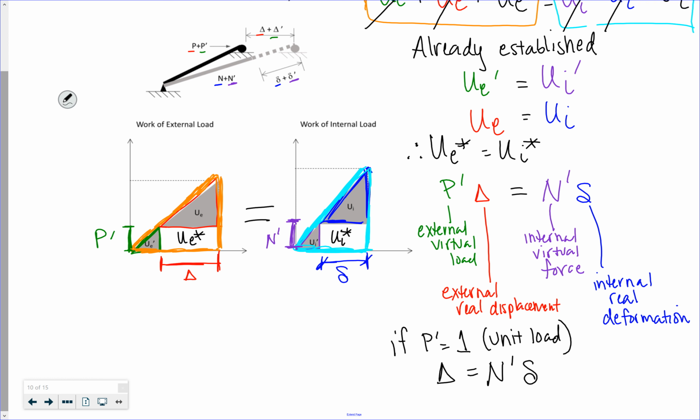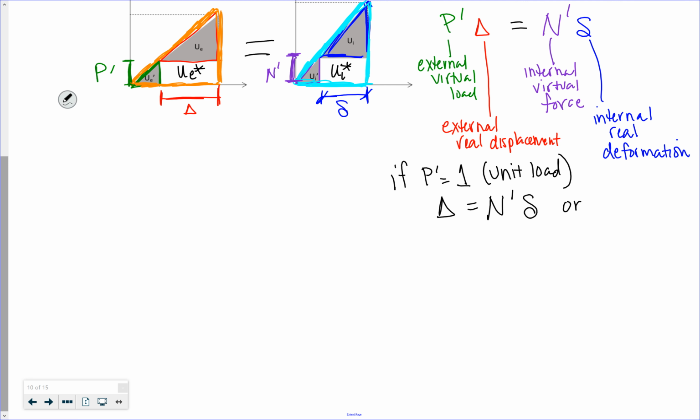Or if I have multiple members, I'm going to sum the virtual forces times the deformations.